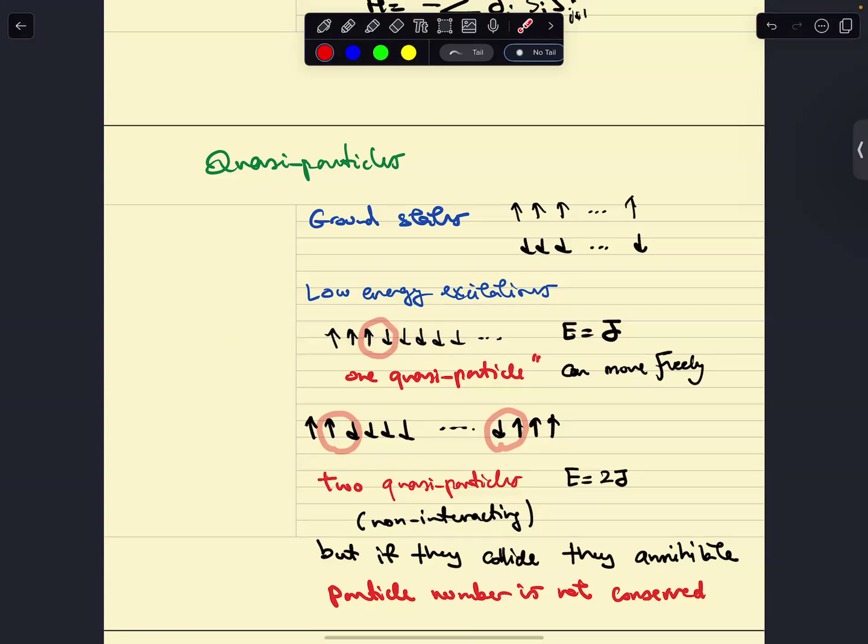I'm going to call that a quasi-particle. It has exactly what you expect from particles. I can have one of them, I can have two of them, I can have a bunch of them. They can move around, they could interact. In this case, they don't interact unless they collide.